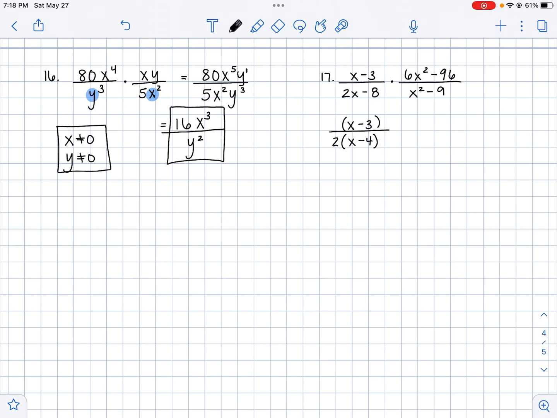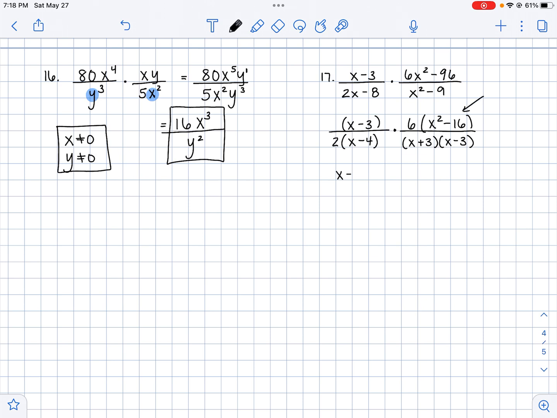On the denominator, I can remove 2, x minus 4. 6 and 96 are definitely factors. And when I do 96 divided by 6, you get 16. So this is 6x squared minus 16 all over x plus 3, x minus 3.